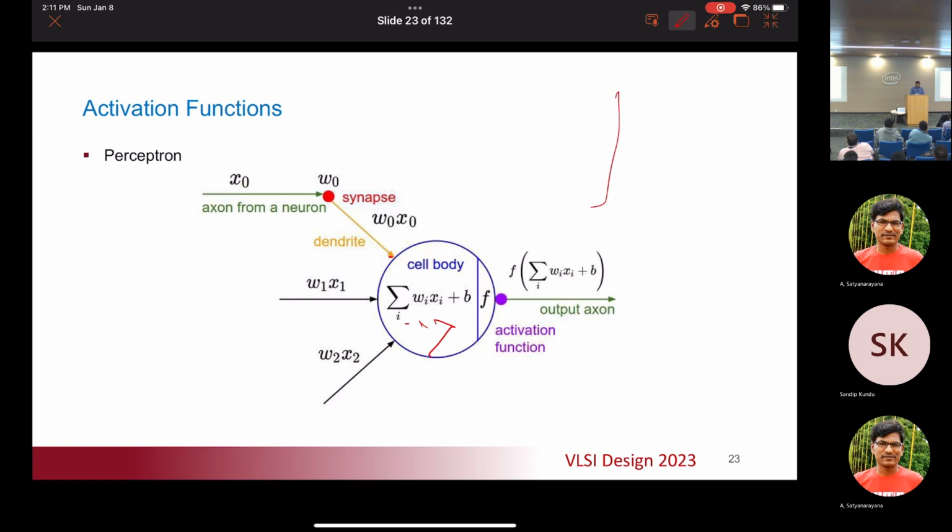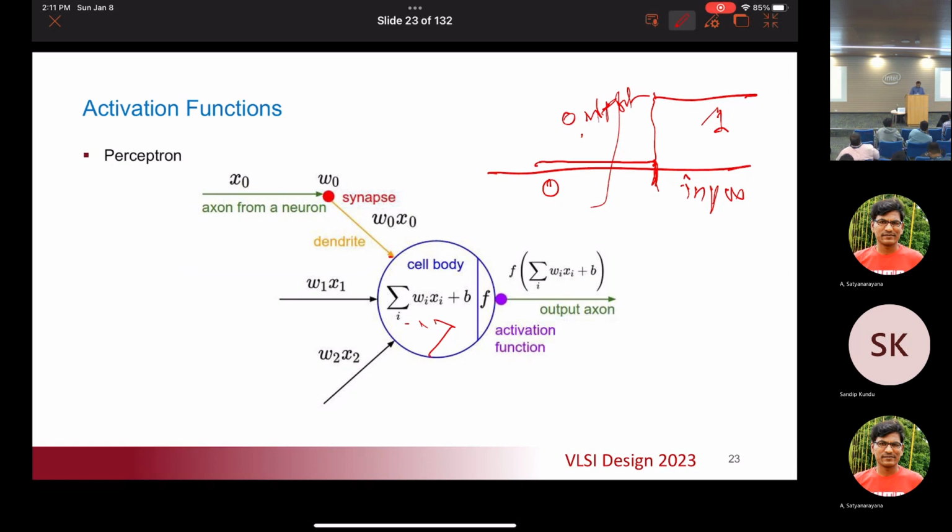If I plot that, with input on this axis and output on this axis, the output is 0 below the threshold and 1 above it. What function is this? It's a step function.